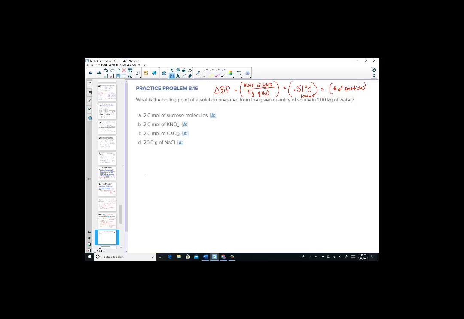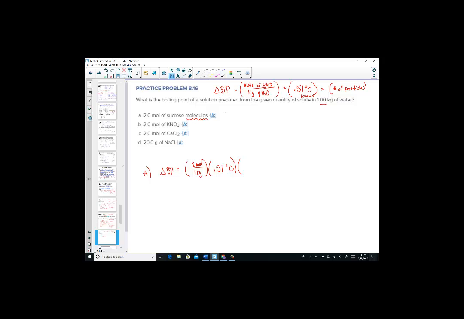So let's take letter A, for example. The change in the boiling point will be found by taking the concentration, which is 2 moles of sucrose in a kilogram of water, times the boiling point constant for water, times the number of particles. Well, how many particles in sucrose molecules?